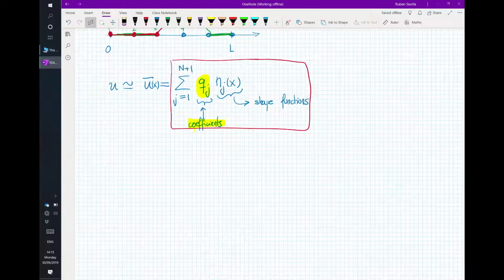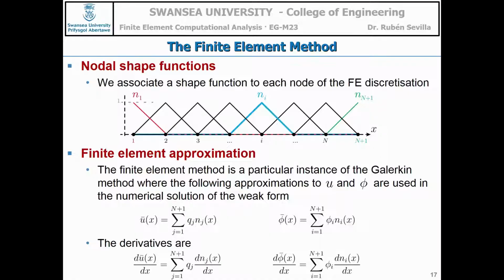Go back to the slide. So what do we have here? We have this choice. I want to emphasize that this is one possibility. Okay? I think it's the simplest one. Because what we are doing here is we are saying that the displacement, which is something that could be very, very complex, we are going to approximate it with something that changes linearly in between one point and another.